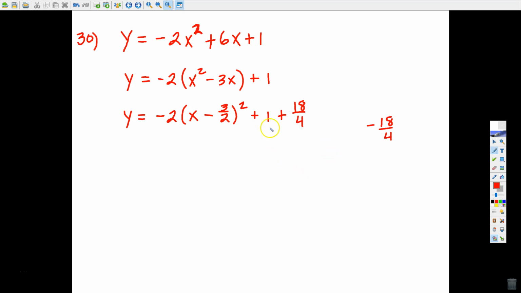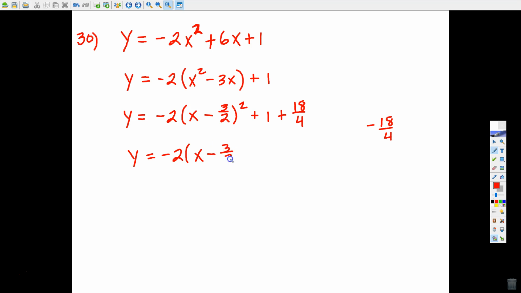Okay, so again, 1 is the same thing as 4/4. So 4/4 plus 18/4 is 22/4.